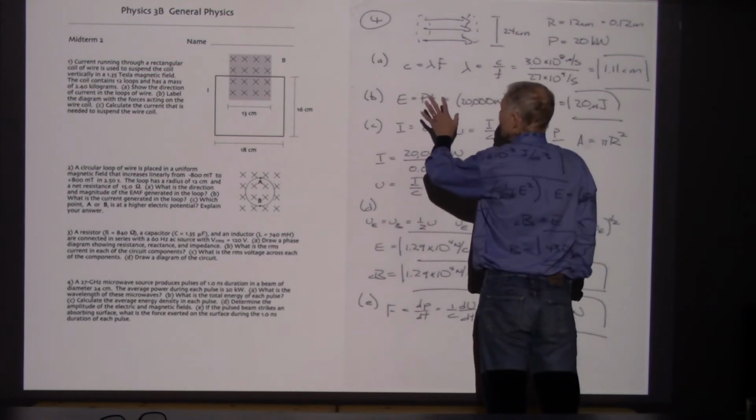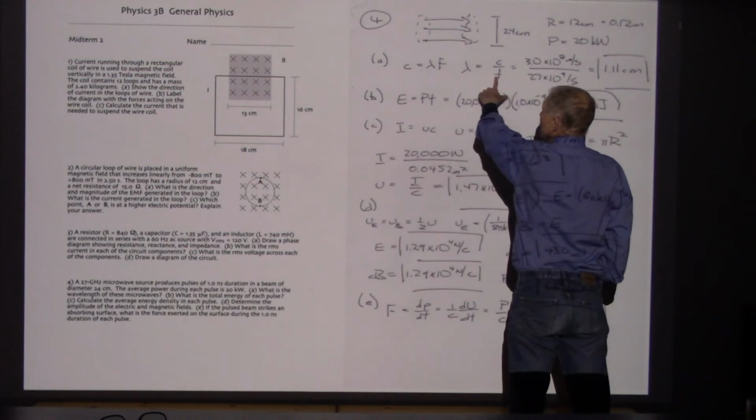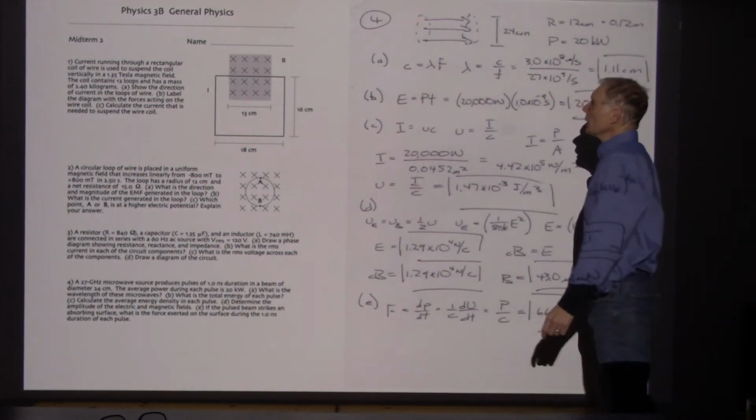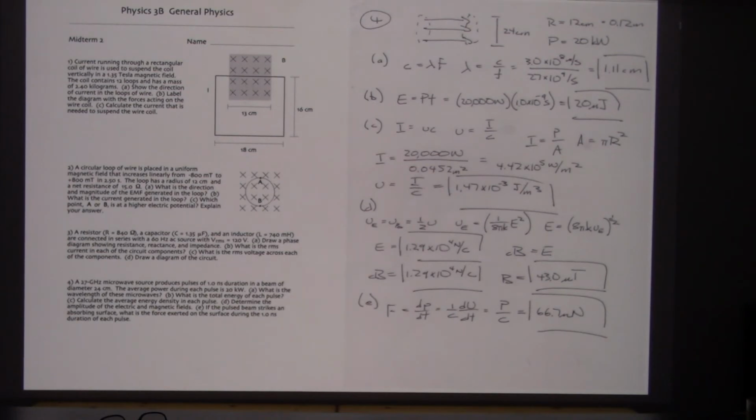Now for part A, they're just asking about wavelength. They gave me a frequency. And I know that for light, for electric and magnetic fields that are propagating, the speed of propagation is the speed of light. It's kind of the same thing here. And so we can write down that c, lambda and f are all related by that formula. So c equals lambda f is how those things are related.